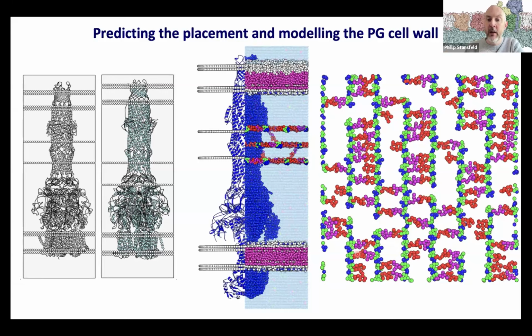And so this is in coarse grain at present, but you may have seen that Syma Khalid's group has also developed a recent atomistic representation of peptidoglycan and a method for building that. And so therefore there will be multiple ways to build peptidoglycan around these protein structures.